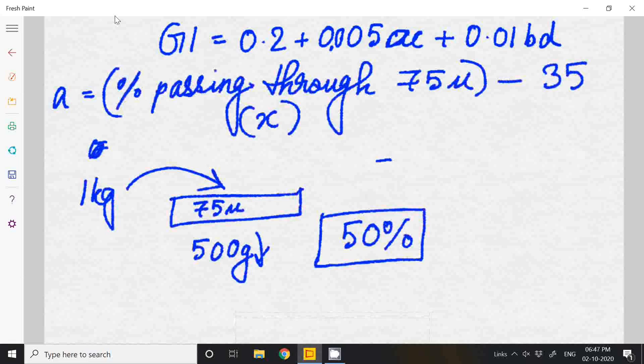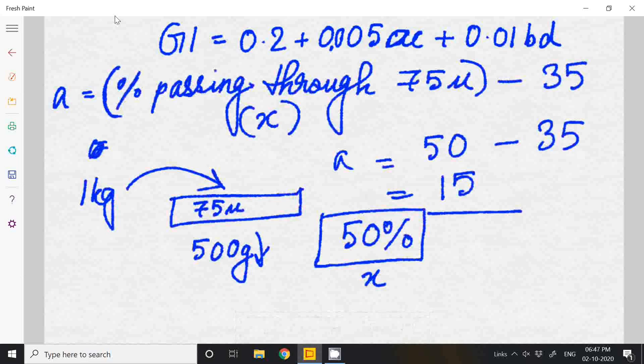So this 50% is X. X will be 50, so A will be 50 minus 35, so A will be 15.